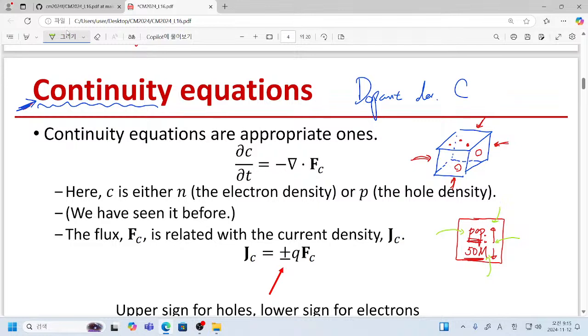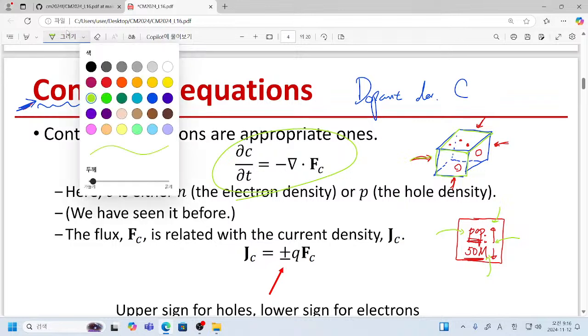Quite similarly, here we have a small box, and in order to increase the number of particles, there are two different ways. One is creation or annihilation. Another one is physical movement of particles from the neighboring boxes. We are now talking about this one.